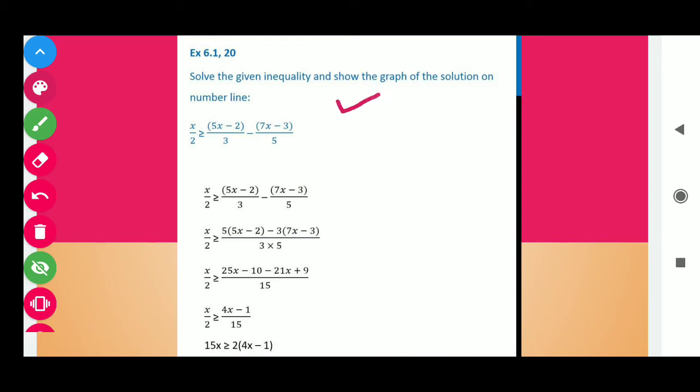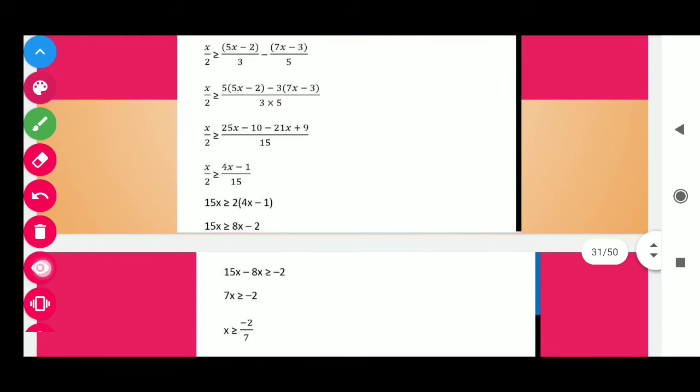So students, first we have to take LCM in the right hand side. In this way we get 15 in the denominator, and by multiplying 5 with 5x minus 2 and multiplying 3 with 7x minus 3, we get (4x minus 1) over 15. Now cross multiply here, we get 15x greater than or equal to 8x minus 2.